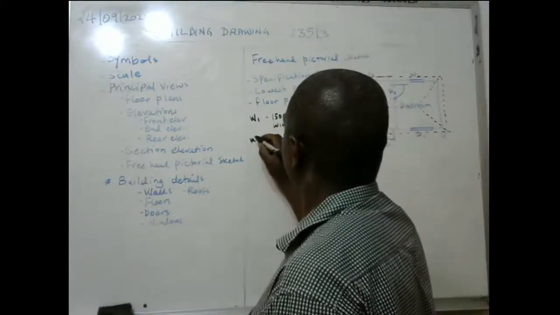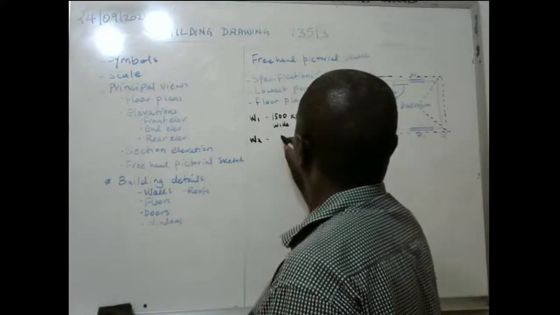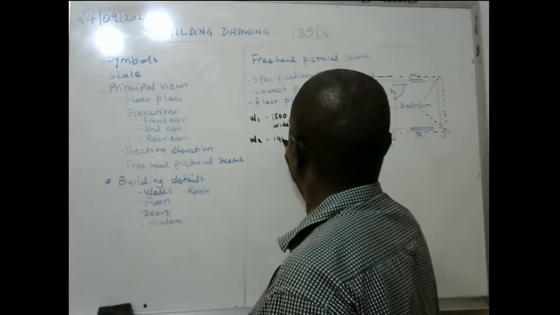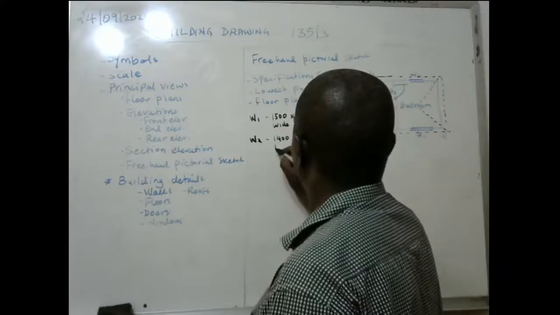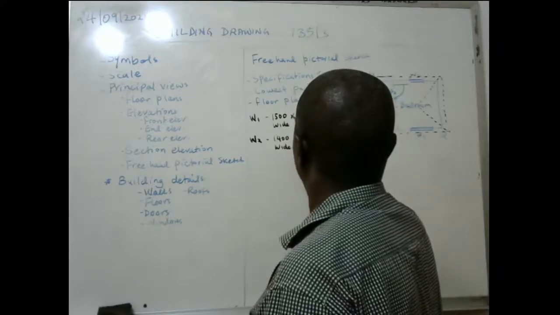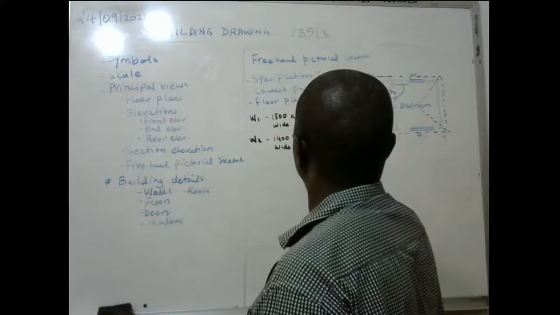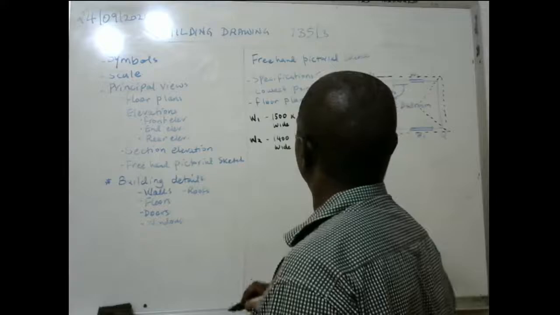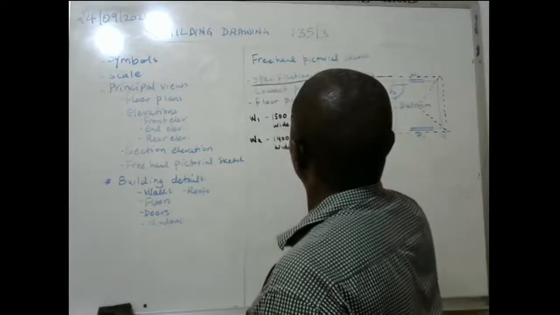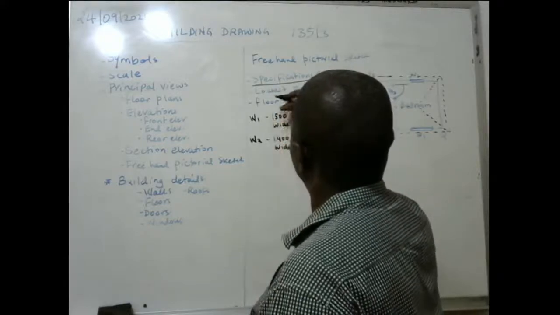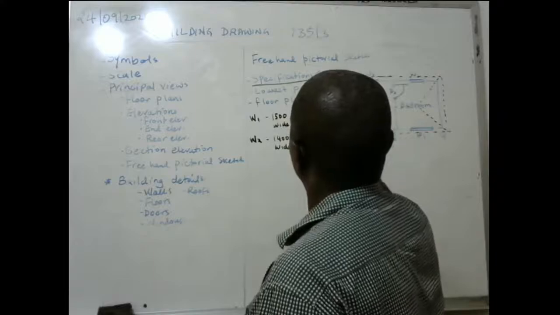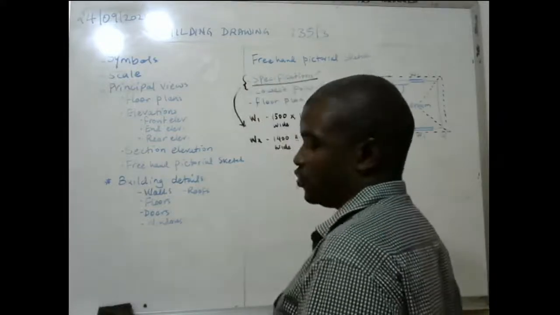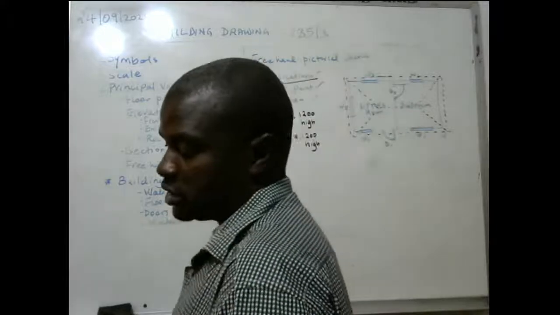Then we can also have window 2, which can be given to us as maybe 1,400 wide by 1,200 high. This information here, we classify as the specifications.